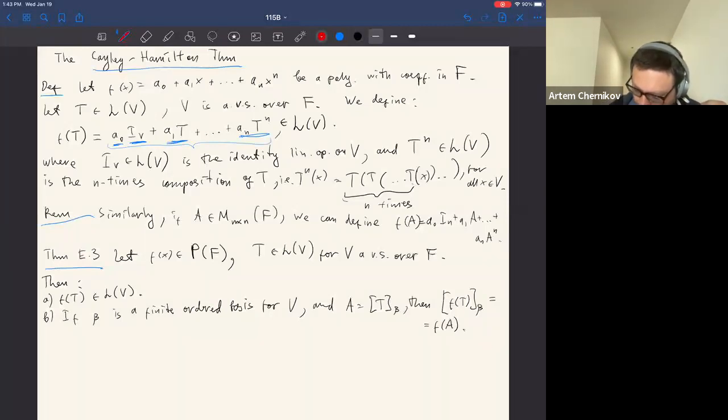Determining the matrix of the linear operator obtained by applying f to T is the same as taking the matrix representing T and then applying the polynomial to it. So these two operations commute.